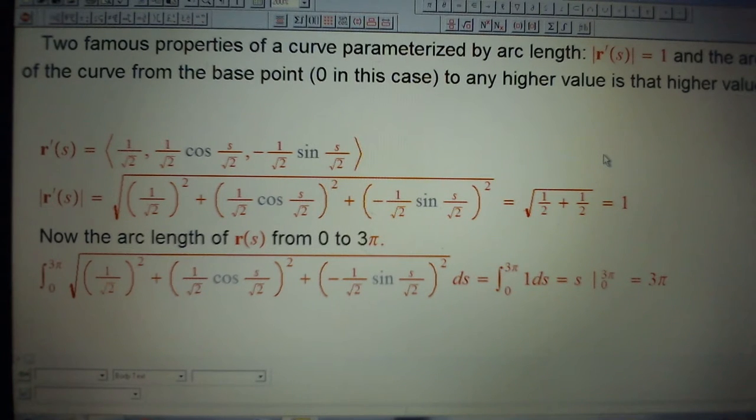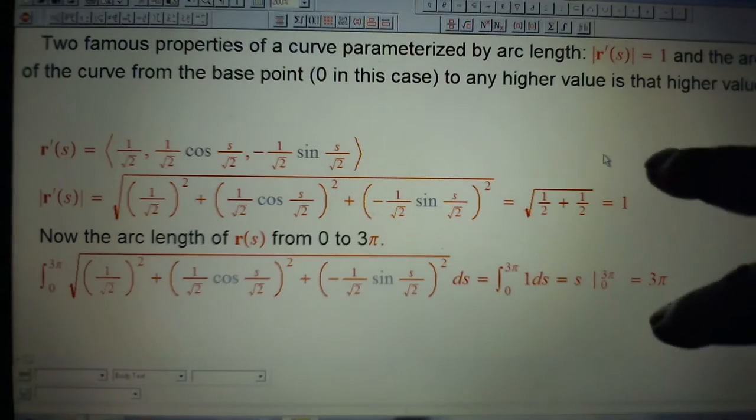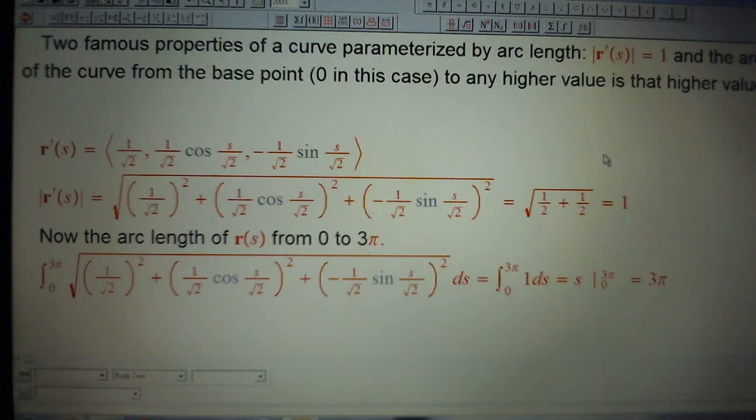You should be able to at least partake in these kinds of properties, be able to use these properties so that you don't have to do this long calculation. I don't want you to do these long calculations. So if I give you a curve that's parameterized by arc length and ask you to find the length of r prime, just tell me one. If I want you to do the steps, I'll tell you to do the steps.